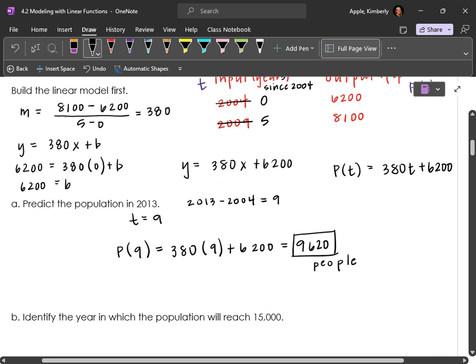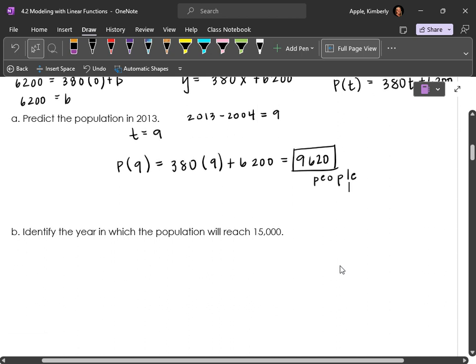in the year 2013. So then we want to identify the year in which the population will reach 15,000. So that means that the population P of t equals 15,000 people, and just using our same function, except now we have an output value. This would be 380t plus 6,200, except now I'm looking for t, the number of years.